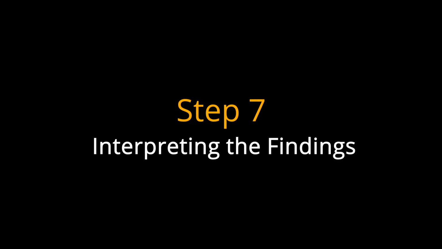Step 7, interpreting the findings. The researcher interprets the findings in terms of whether the relation between anxiety and academic performance is positive or negative, linear or curvilinear. He finds that this relation is curvilinear.